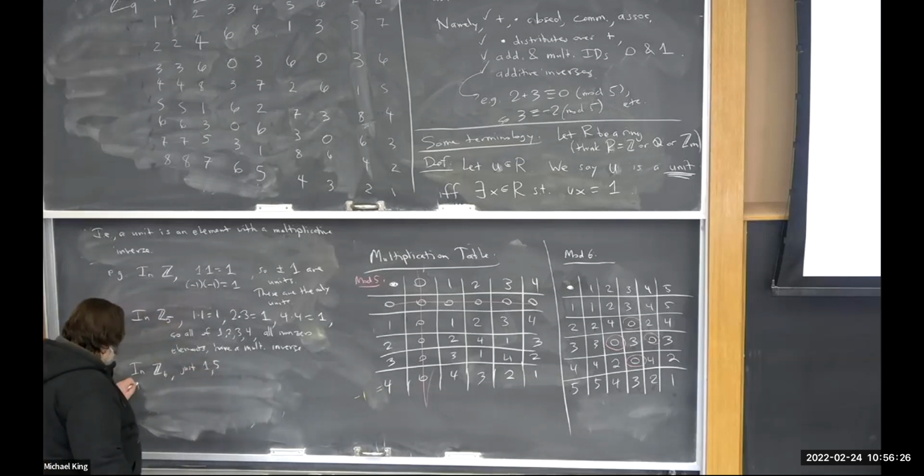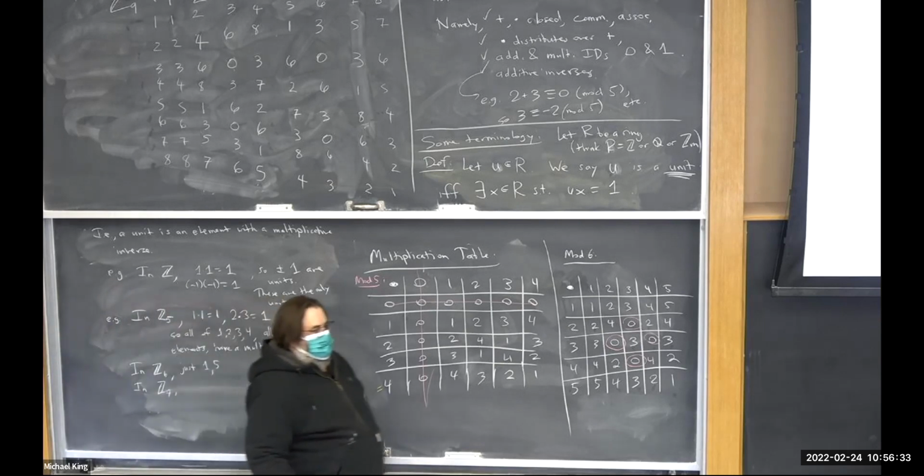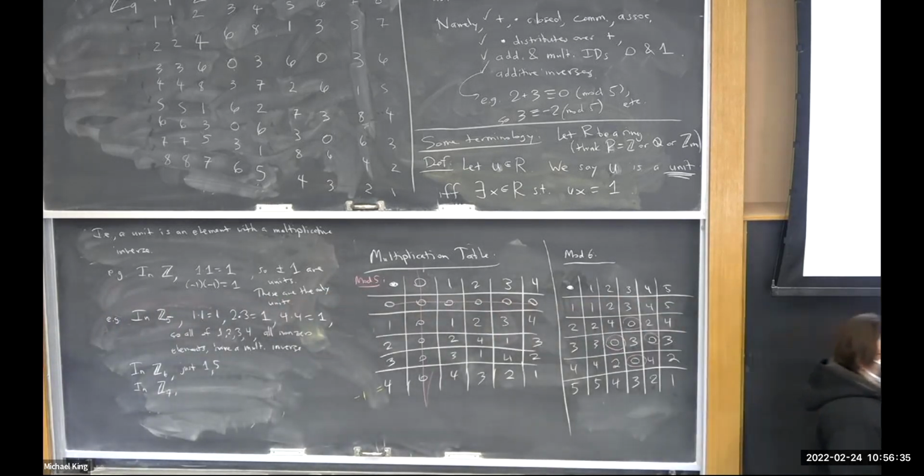In Z7, if you look on the board over there, what am I really looking for if I want to say it has a multiplicative inverse? Like, look at 7 versus 8.